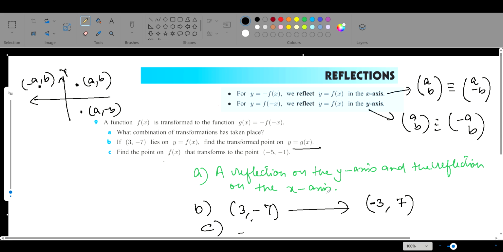A point on f(x) transforms to the point (minus 5, minus 1). Reverse engineering again. So (minus 5, minus 1) is the result of reflection, that is on g(x). So what was f(x)? Minus 5 was positive 5 and negative 1 was positive 1.